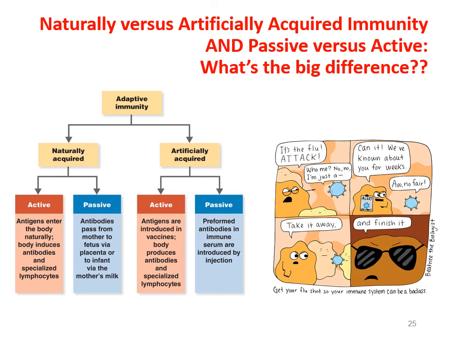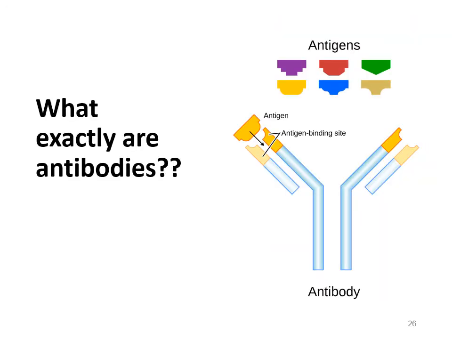Send me a remind message and let me know if you go to a doctor's office and get an injection of antigens, pieces of a pathogen. What kind of immunity did you get? Was it naturally or artificially acquired, and was it passive or active? So when you get to this slide, send me a remind message for getting an injection of antigens.